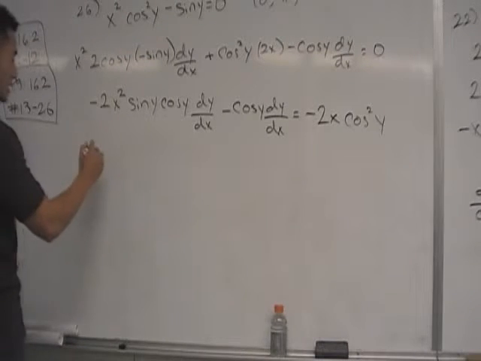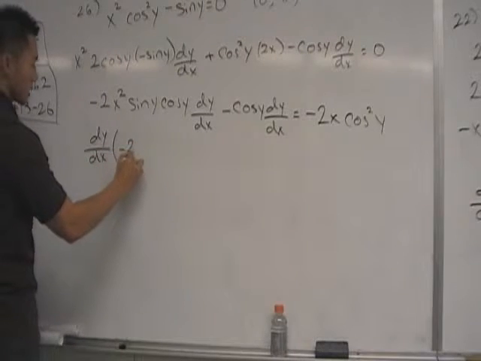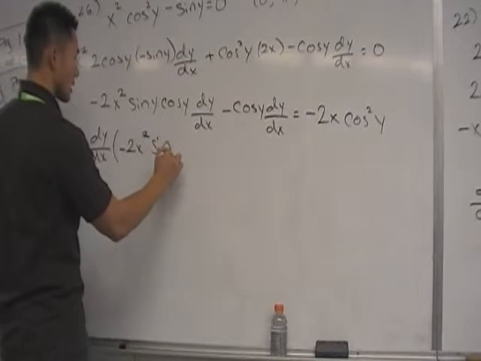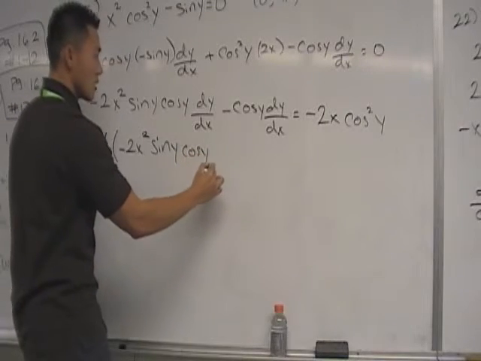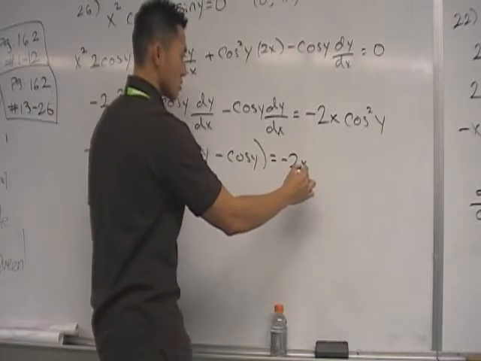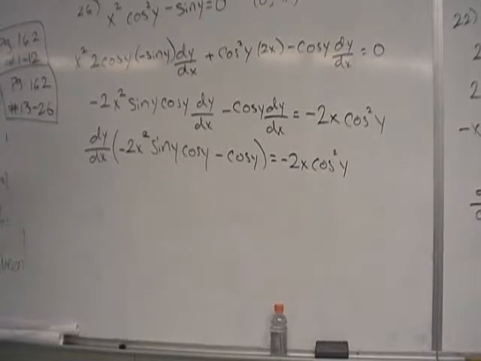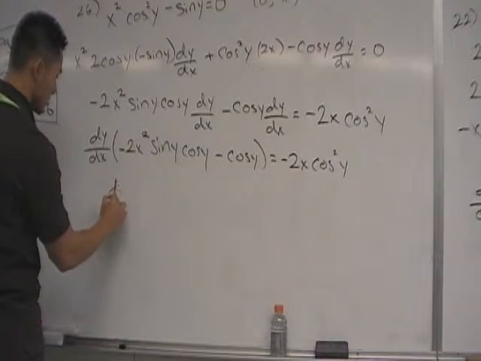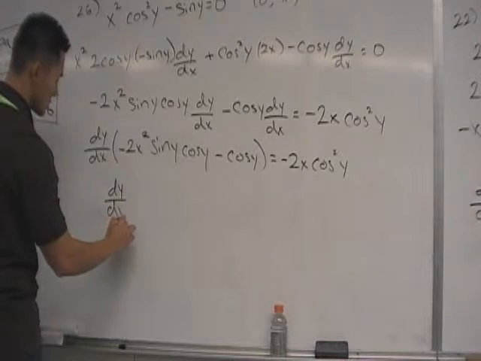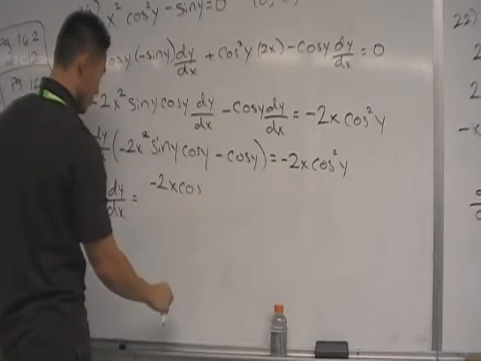Factor out the dy/dx. We have negative 2x squared sine y cosine y minus cosine y, which equals negative 2x cosine squared y. The dy/dx is equal to negative 2x cosine squared y over that; we can cancel out the negatives.